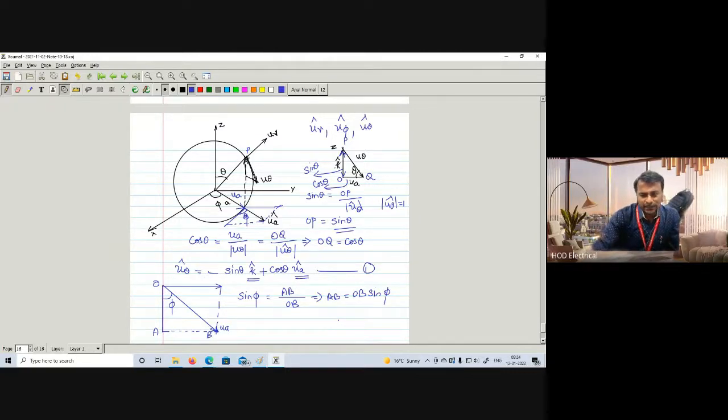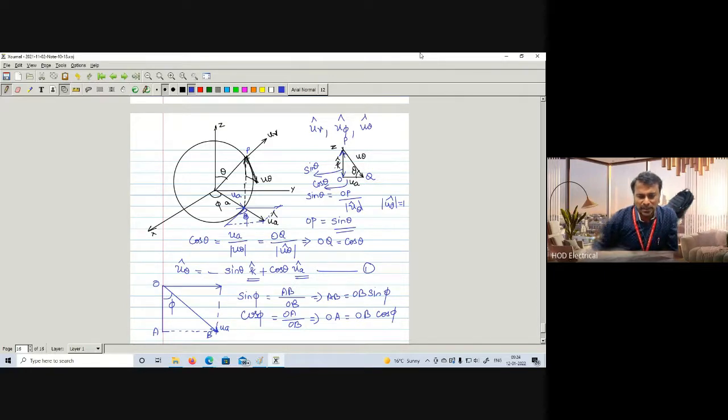AB is equal to OB into sine phi. Then cos phi equal to OA divided by OB, which gives OA equal to OB into cos phi.